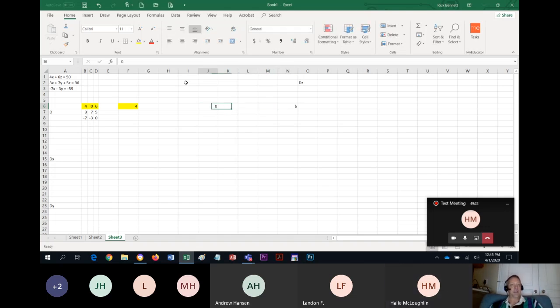Now we have to decide if those are positive or negative. The 4 is going to be positive. The 0 is going to be negative, which doesn't really matter, but we know it's negative. And then the 6 is going to be positive. Okay. Now we need to find our matrices.